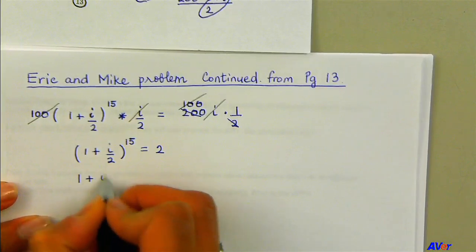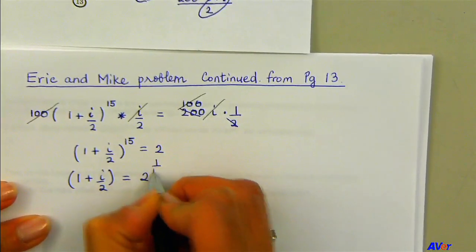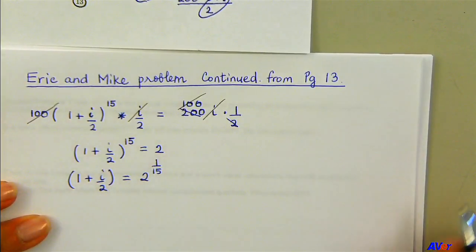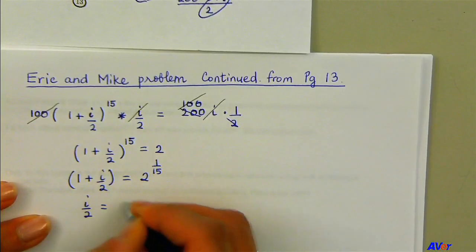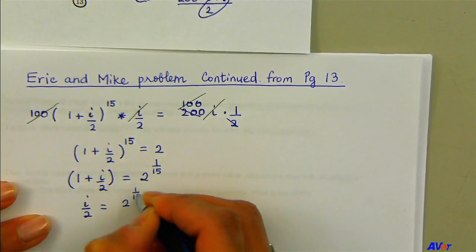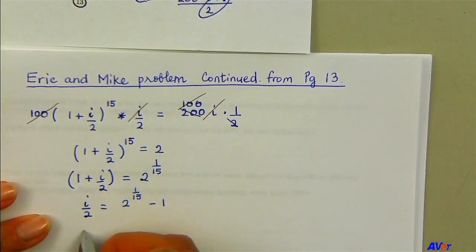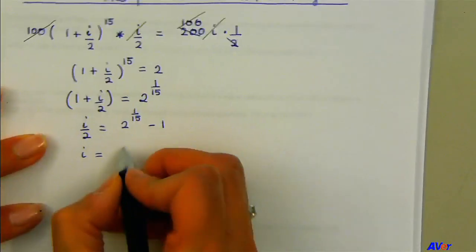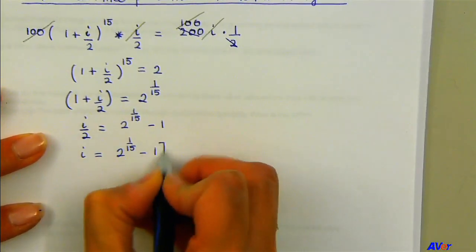One plus I over 2 equals 2 to the 1 over 15 power. I over 2 equals 2 raised to the 1 over 15 minus 1. Therefore, I equals 2 to the 1 over 15 minus 1, times 2.